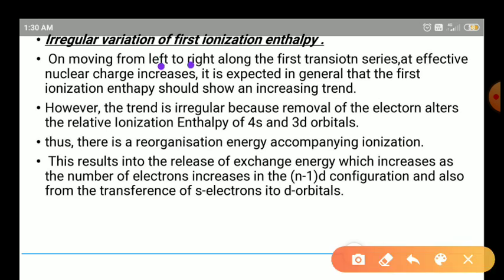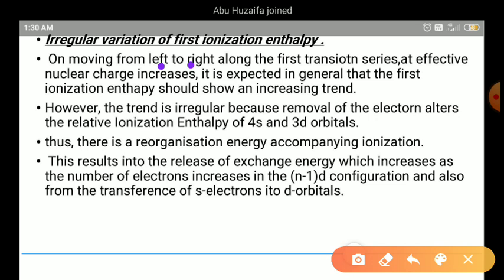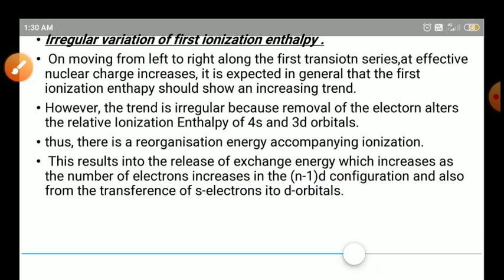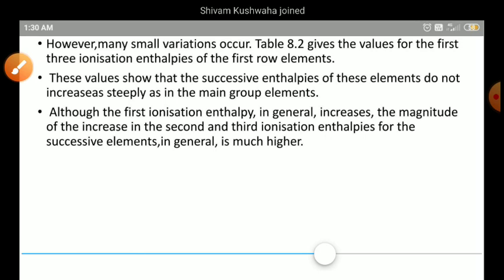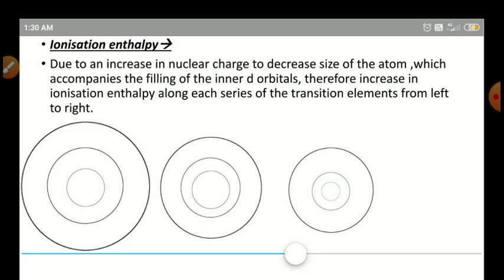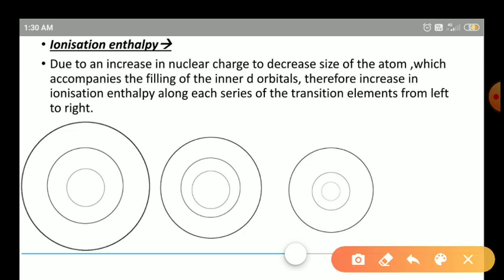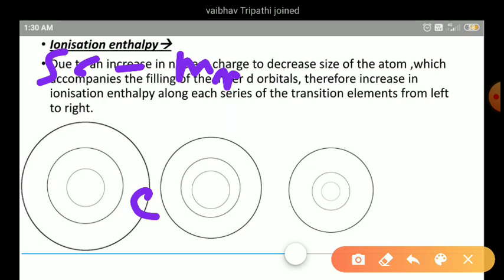On moving left to right along the first transition series, it decreases, remains the same, and again increases. As the outermost electrons are added, atomic radii decrease.